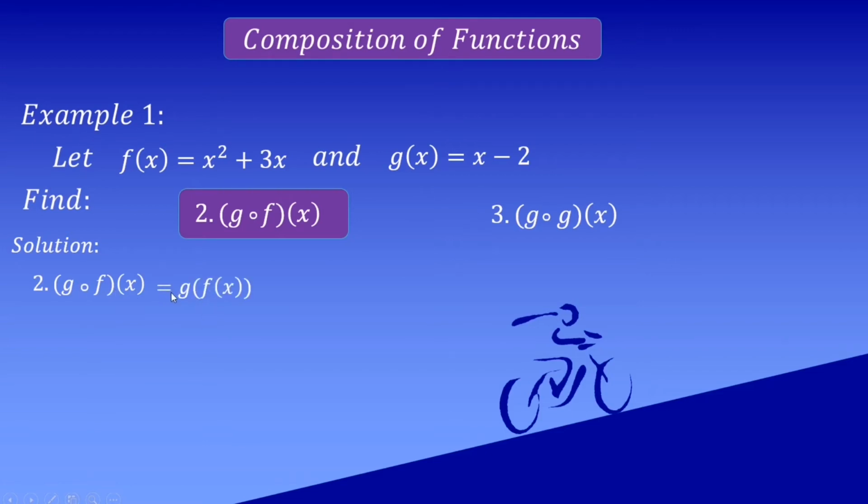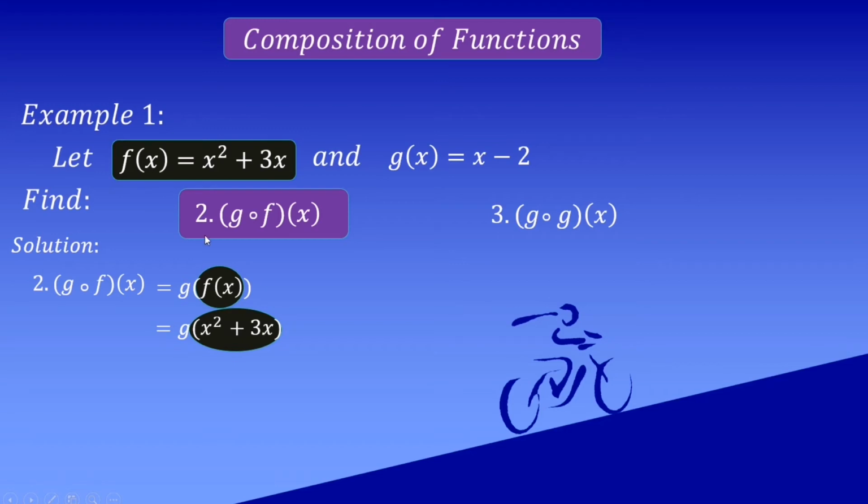Composition of g and f. This gives us g of f of x. But the value of f of x is equal to x squared plus 3x, then replace it by x squared plus 3x. So it becomes g of x squared plus 3x. And x squared plus 3x is in the domain of g.